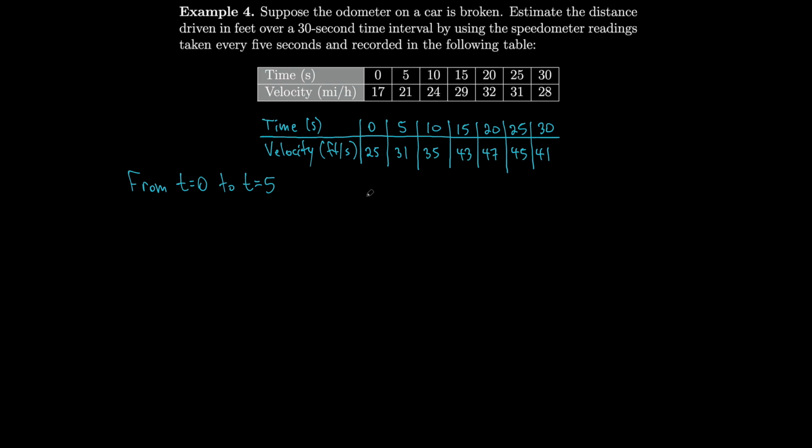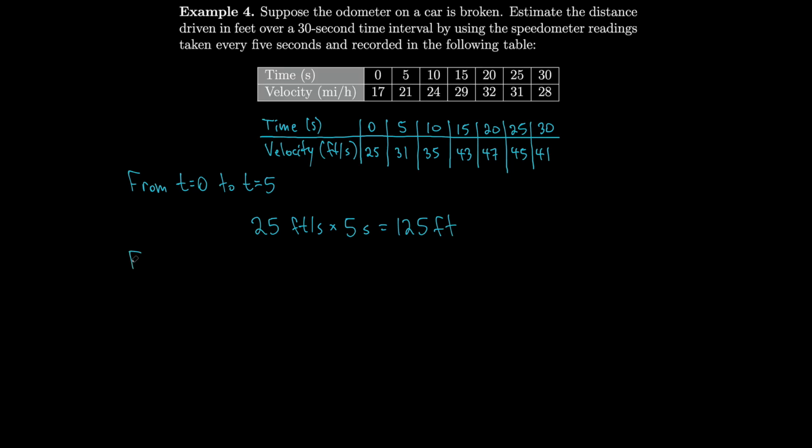How about you assume that it'll just stay at 25 the entire time? So we'll choose the left. So that'll be 25 feet per second times 5 seconds. So that means 125 feet were traveled. Rate times time equals distance.